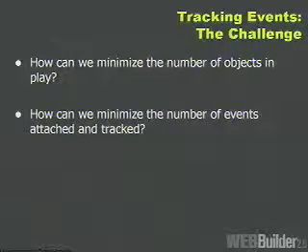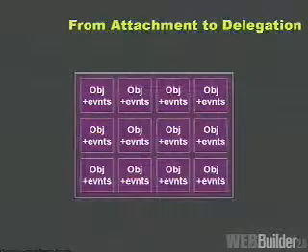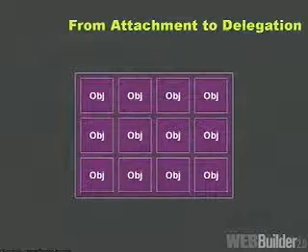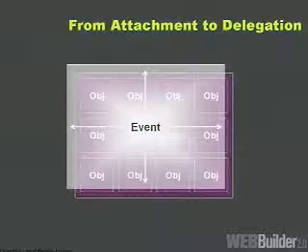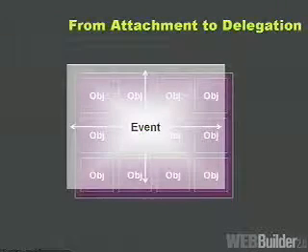The way to do that, it seems, is instead of tracking each object and each event, instead of having each object have its attached events, sometimes many events, sometimes a key event and a mouse event and a drag event and a bunch of them, we want to take those events off the objects and put them up at a higher layer and then delegate the events after that.